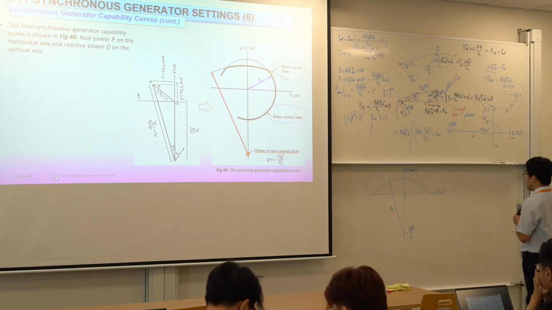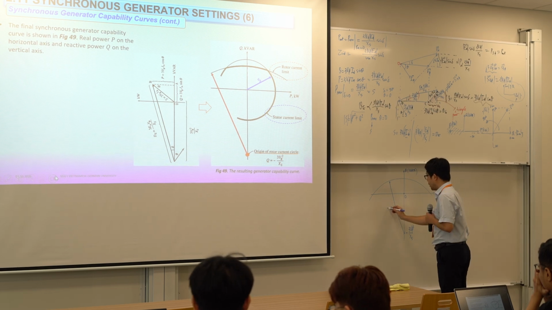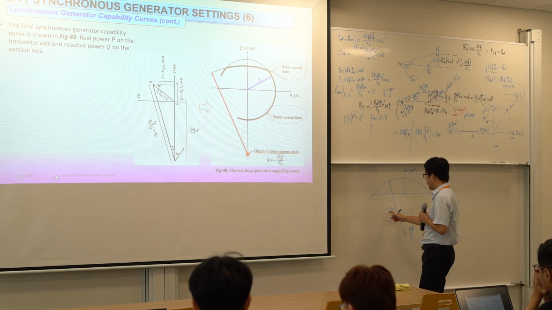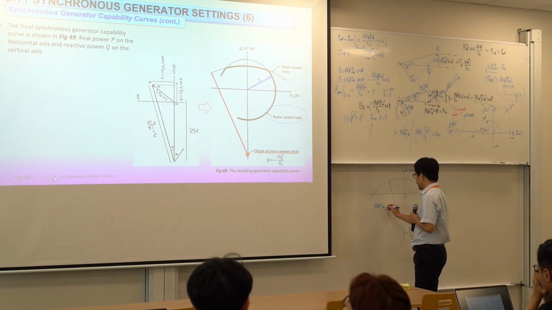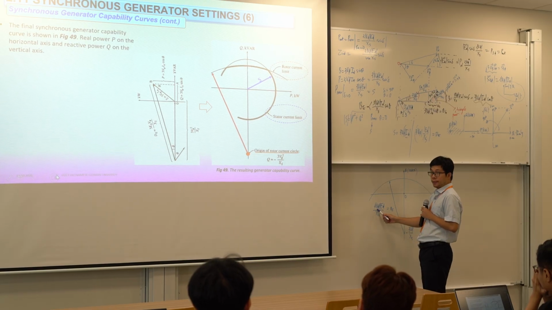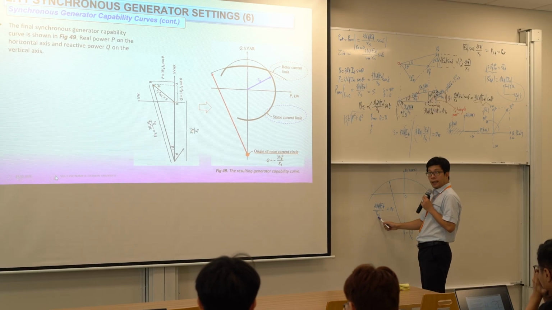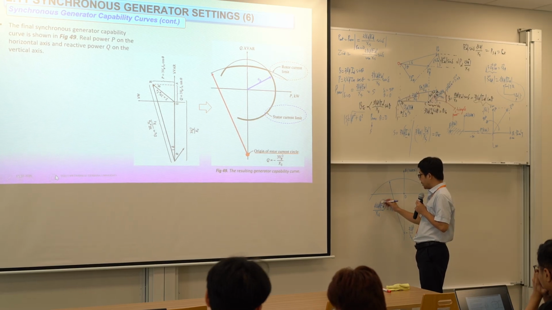So look at this circle. Why do we consider this circle? Because this circle has dA, and dA equals 3 V phase dA over Xs. You know, V phase is constant, Xs is constant, so we only have the variable dA.